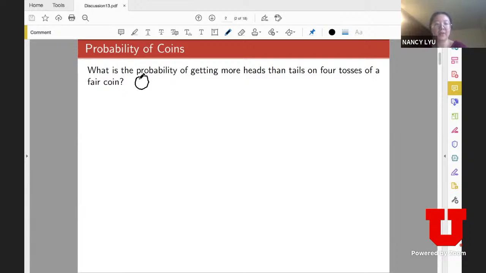So for each coin, we can have either head or tail, 2 choices, and we have total 4 tosses. What are ways to make more heads than tails?